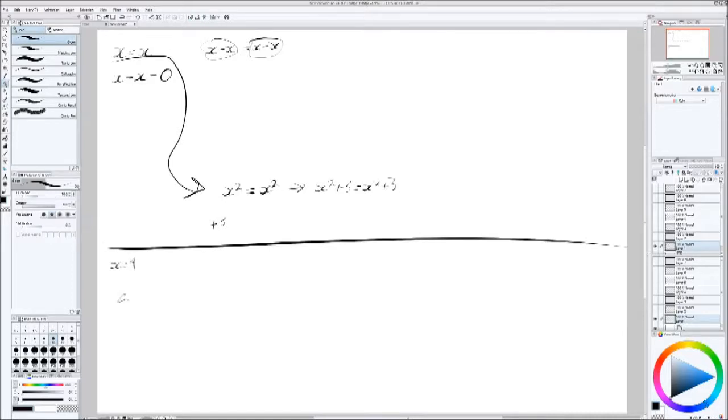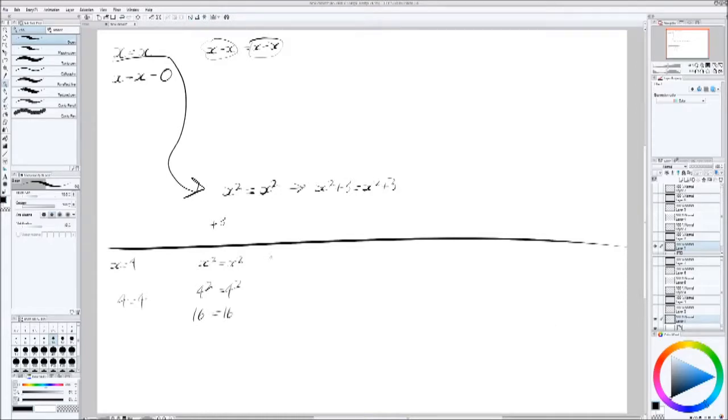So that means that 4 equals 4. So then if we look at the x squared equals x squared, 4 squared is in fact going to equal 4 squared, which is 16 equals 16, and it still works.